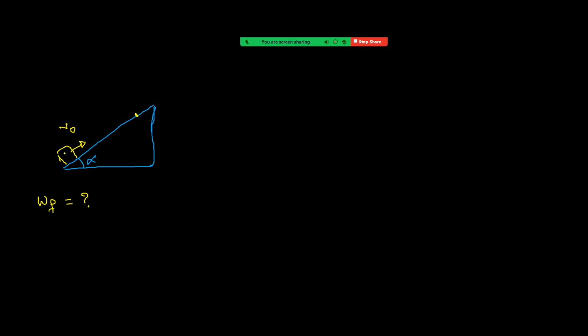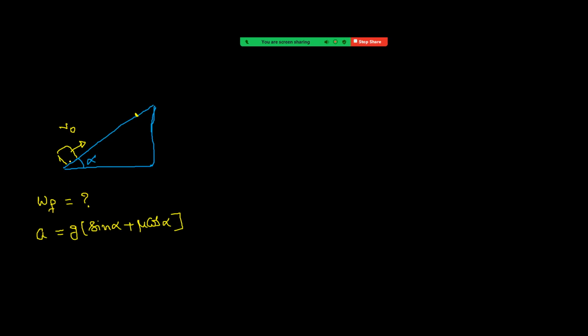While the body is moving up, friction will be down. So while moving up, the acceleration is g into sine alpha plus mu cos alpha. Either we can get the distance by using kinematics or by using the work energy theorem.